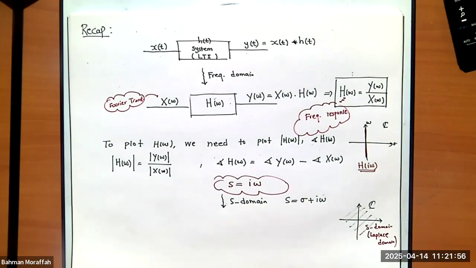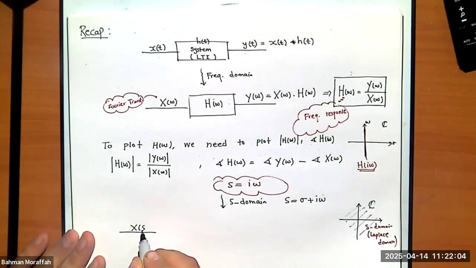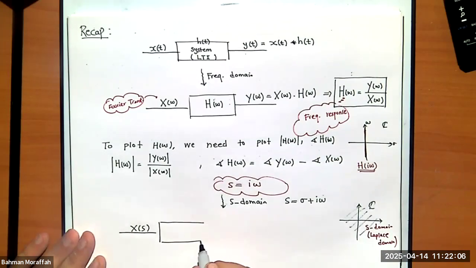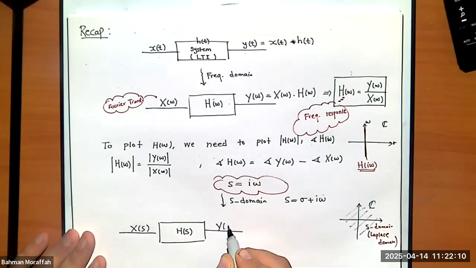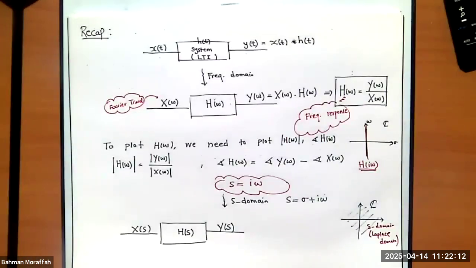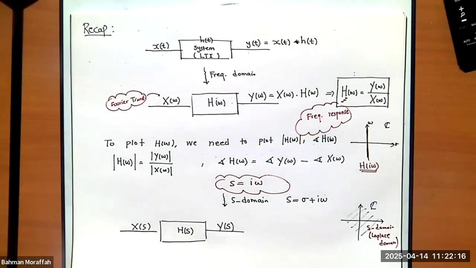Since we're talking about the Laplace domain, from this x of t to this x of s, we went from h of t to this h of s, and for this y of s, as x of t converges to x of s, if it converges, what is the region of convergence?